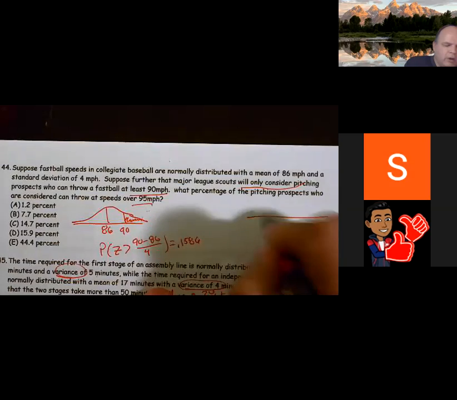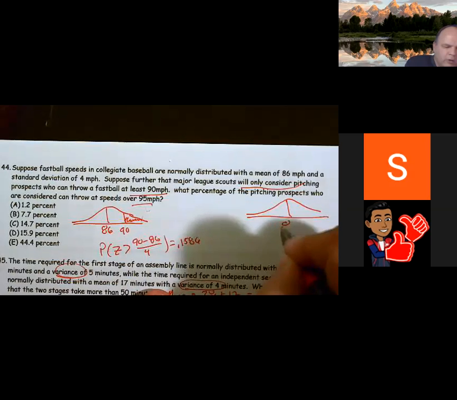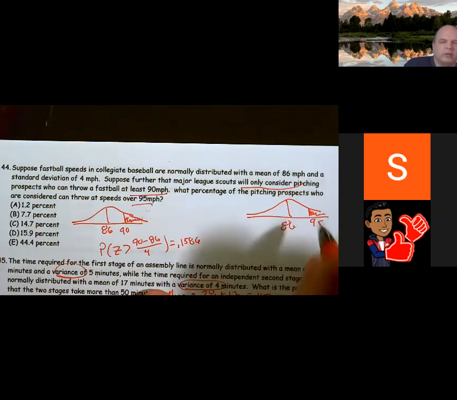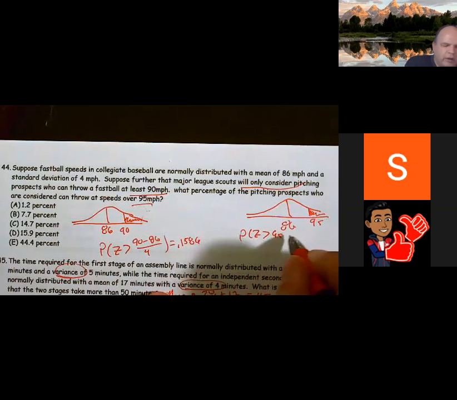And then the intersection part is the 95 plus. So in this case, the probability that Z is greater than (95 minus 86) over 4 is 0.0122.